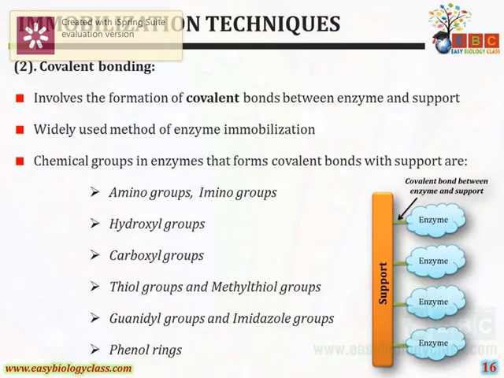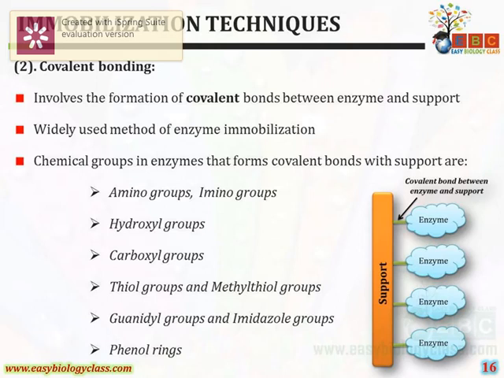Okay, the second method of enzyme immobilization is covalent bonding. Covalent bonding explains that the enzymes are linked to the matrix by covalent interaction. It involves the formation of covalent bonds between the enzymes and the support matrix. This method is the most widely used method of enzyme immobilization among the others.